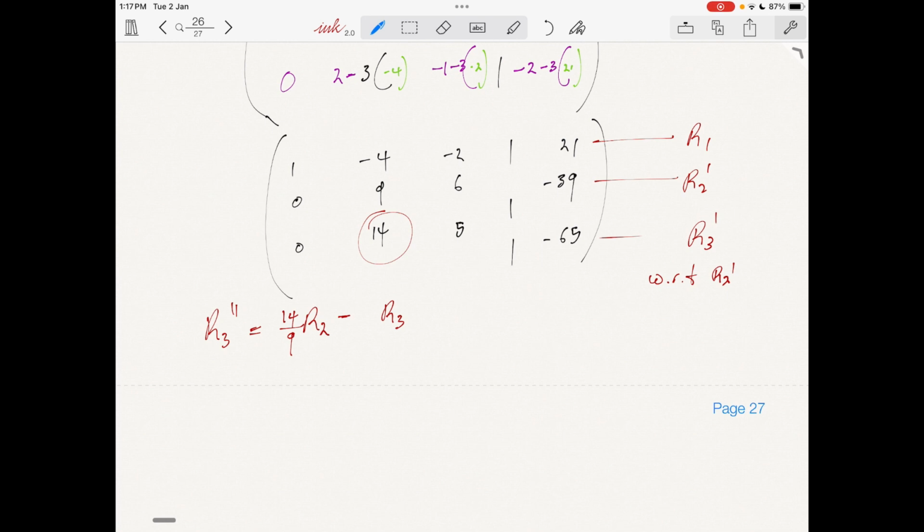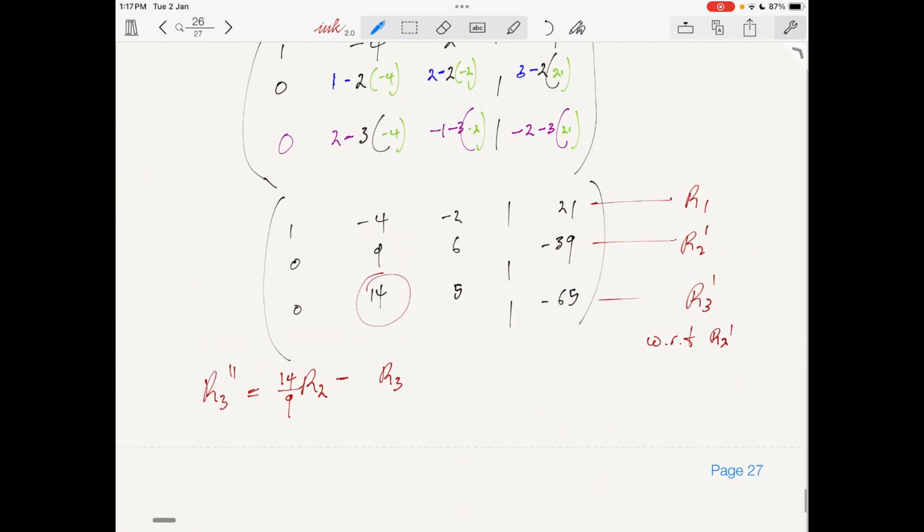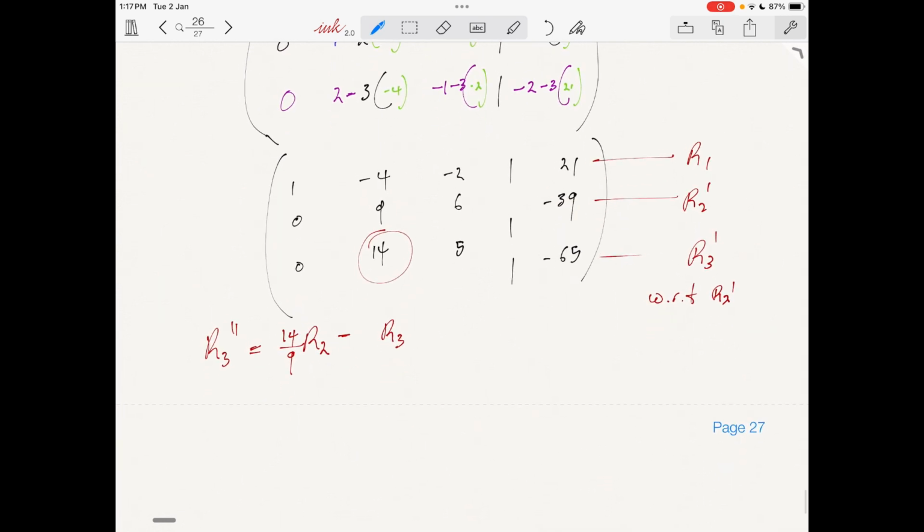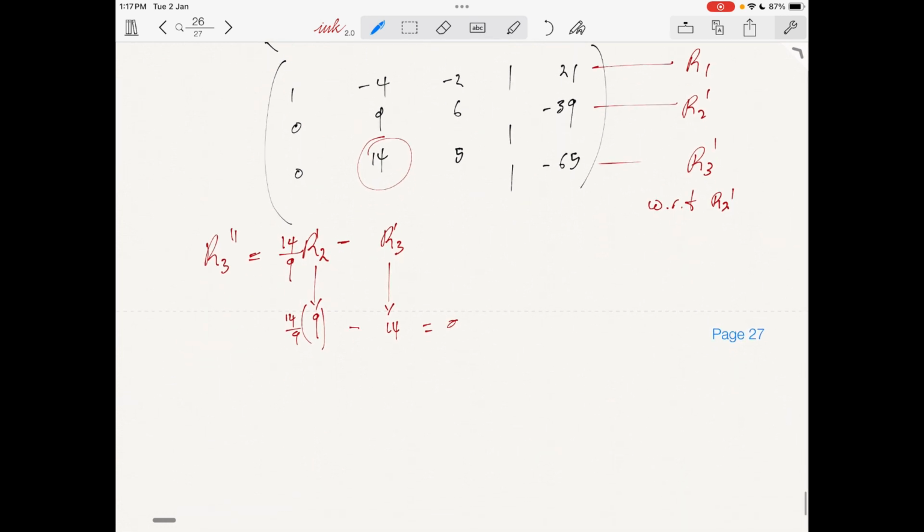Remember the last one we did, we took the coefficient of row 3 divided by row 2, just like simple algebraic equations. So when row 2 is 9 and row 3 is 14, that's 14 over 9, subtract, and this will give us 0.